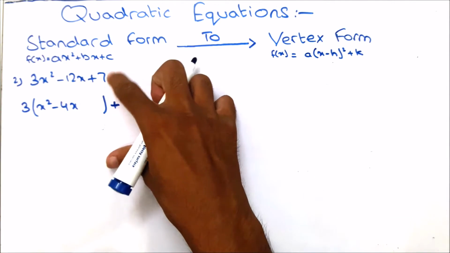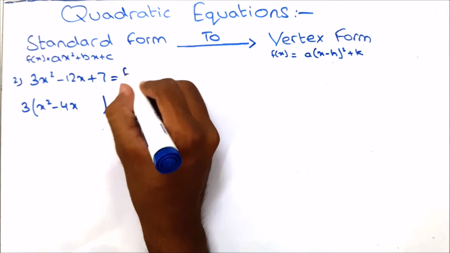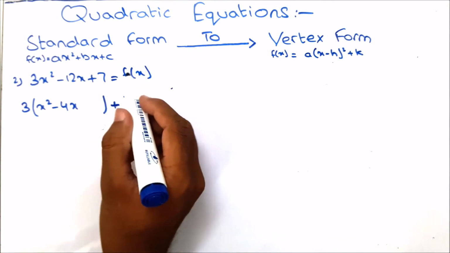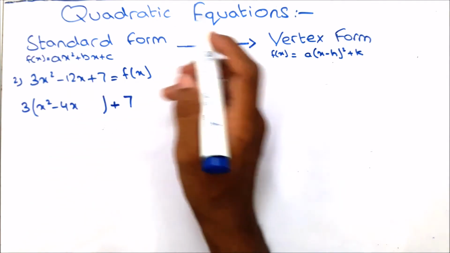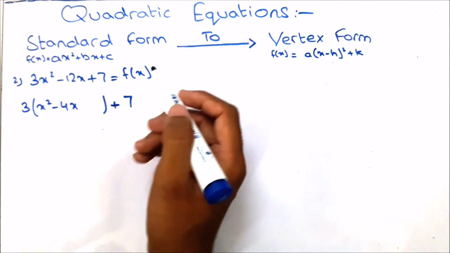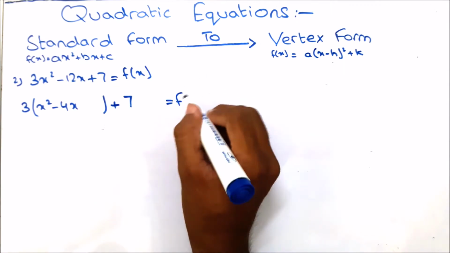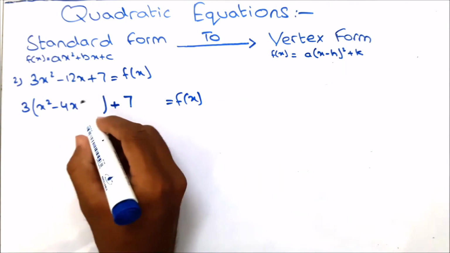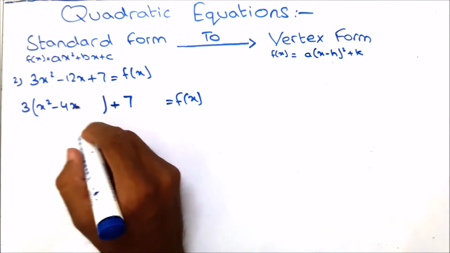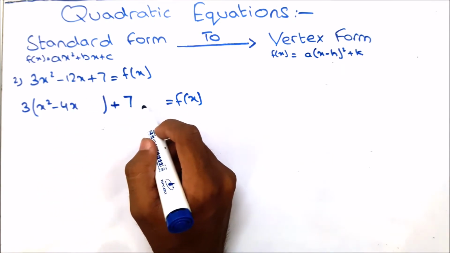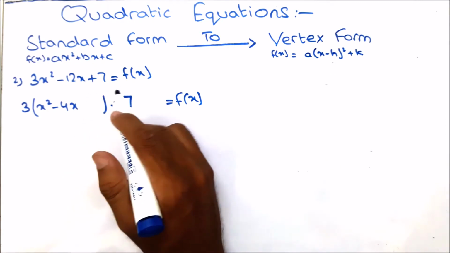That's not equal to 0, that's equal to y or f of x. I had to write it over here, so just bear with it for a while. I left some space, so I'll add something over here, and I'll have to subtract the same thing, as I did in the previous example.